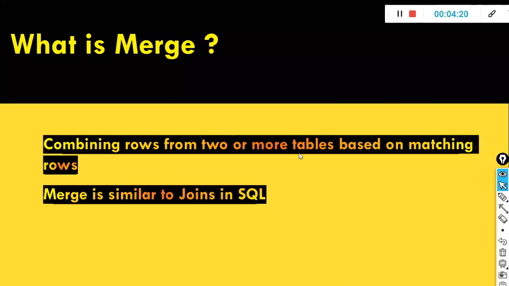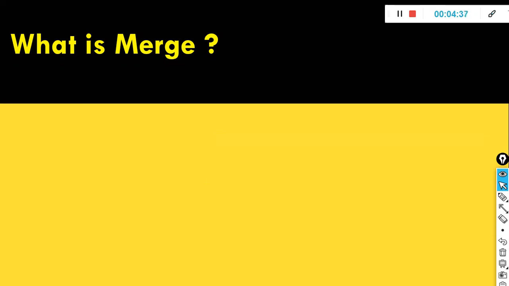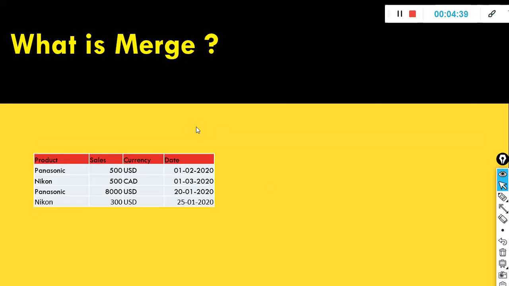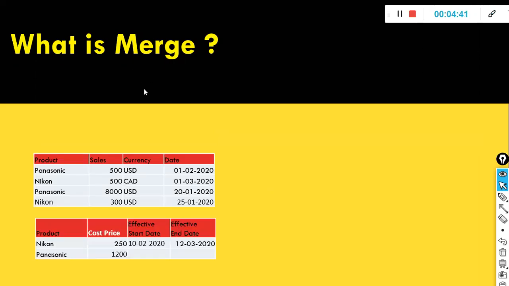In order to perform merge, what is the prerequisite? The tables need to be combined based on matching rows, or in simple terms, you need to combine the two data sets based on the common columns between them. Look here. With this example, you'll be able to understand merge.